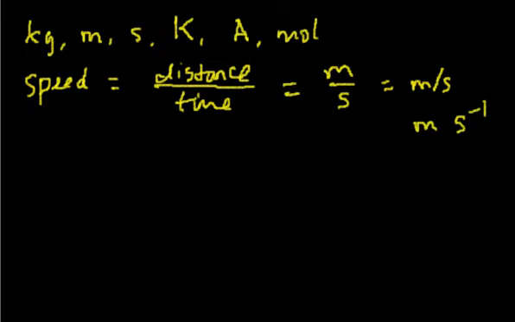Now we do this in physics quite a bit, but in everyday life we often use the stroke. So we've seen an example of combining meters and seconds to give speed. Now let's look at something else.